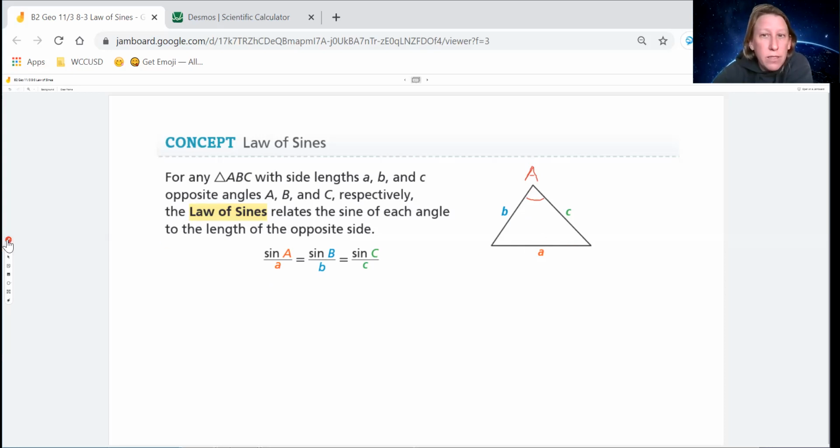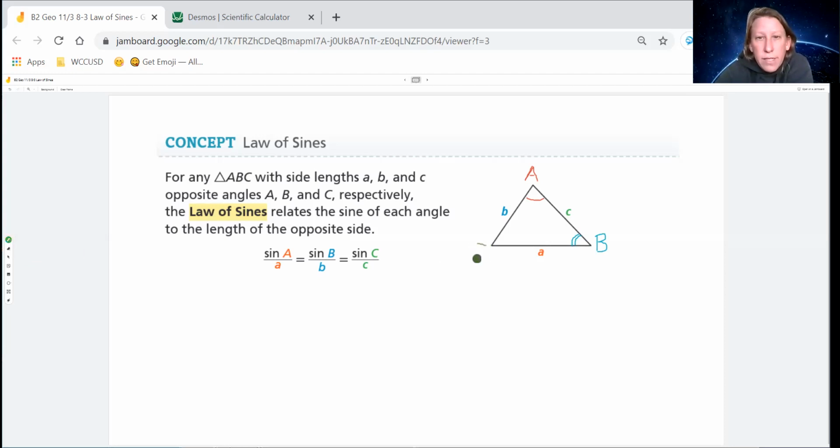The same thing is true for the other ones. So if angle B is over here, maybe it's a different size angle, but if I change that angle, it's going to change the length of that opposite side. So this angle is related to this opposite side. Same thing here.